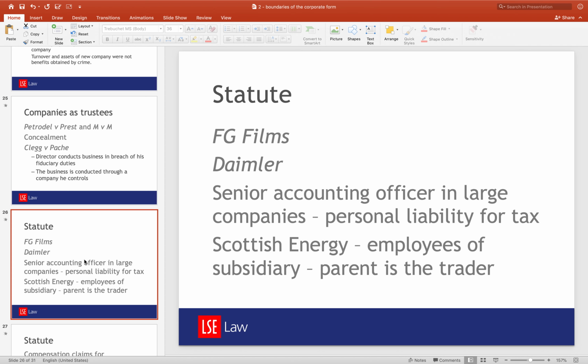The Film case had to do with a film that was made basically in the US by mostly Americans, but through the vehicle of a UK registered company. But that wasn't enough for the film to qualify for tax relief that was available at the time. The Daimler case was set against the background of the First World War.